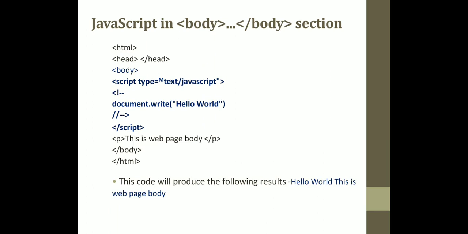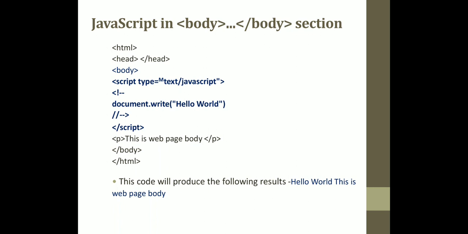Then the same code, if you want to insert it in the body section, we will start the HTML and head section. In the head section we haven't included anything. Then the script type we have included in the body section.